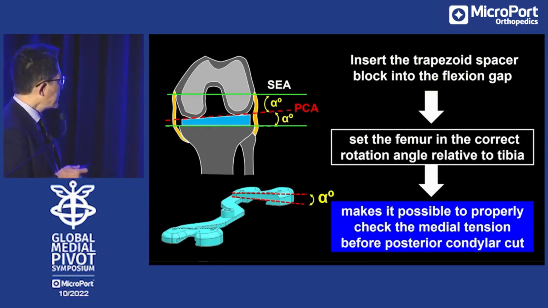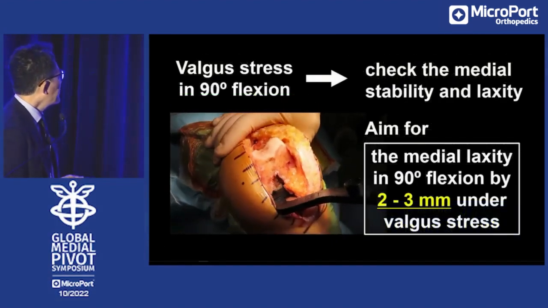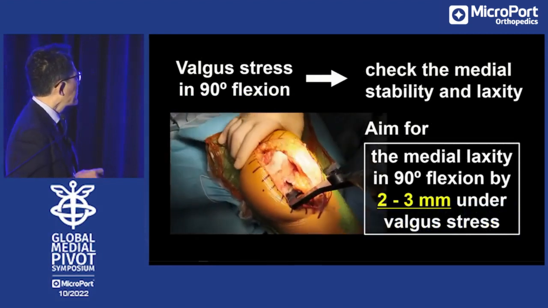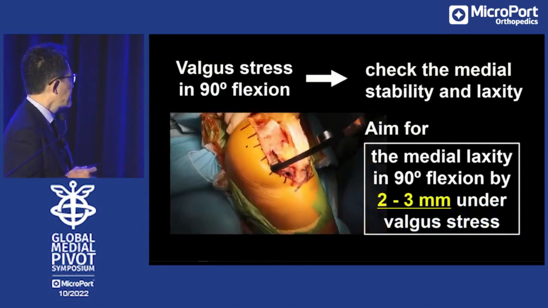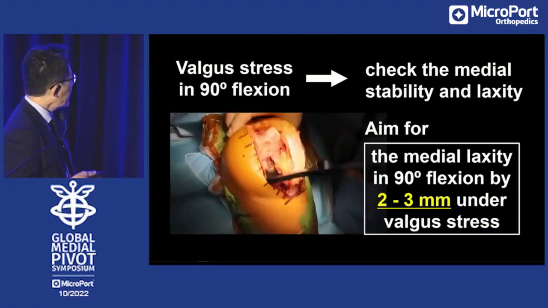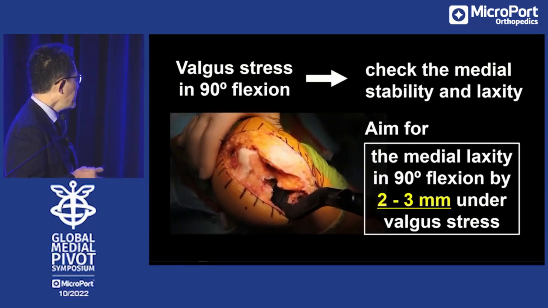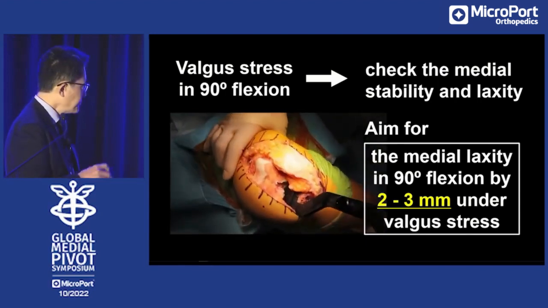This condition makes it possible to properly check the medial tension before the posterior condyle cut. Then the Varus stress in 90-degree flexion was manually applied for checking the medial stability and laxity. We routinely aim for 2 or 3 millimeters of laxity under this Varus stress.